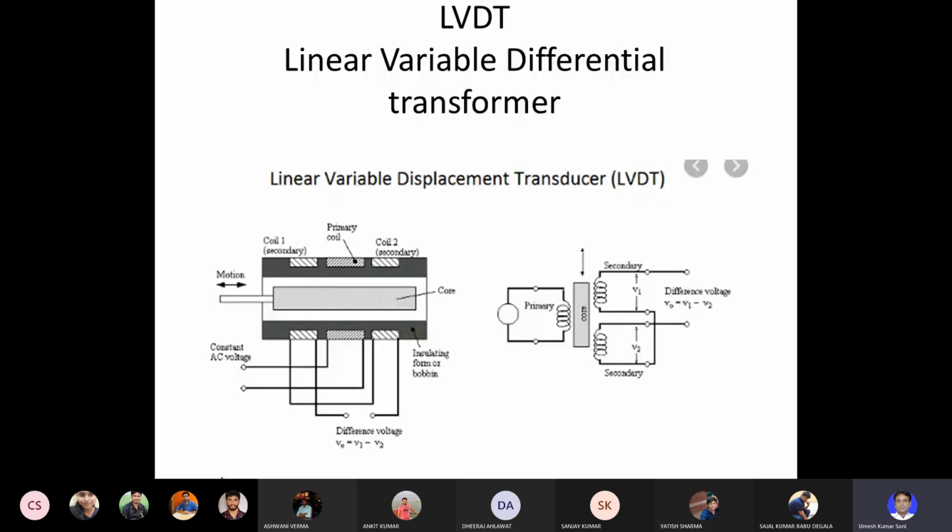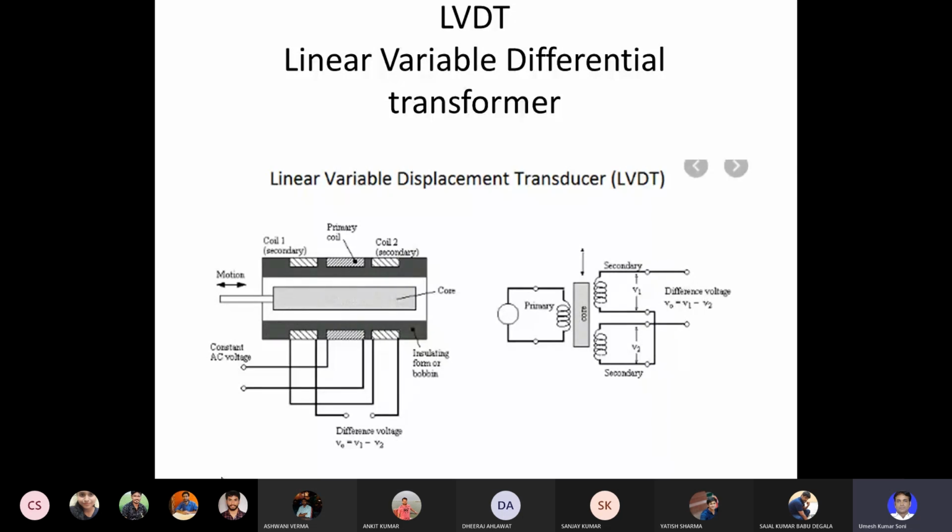However, when there is a change in the linear position, the transformer will induce a positive or negative voltage depending on forward or reverse motion. The magnitude will depend on the length of displacement, and the direction will depend on the direction of movement.